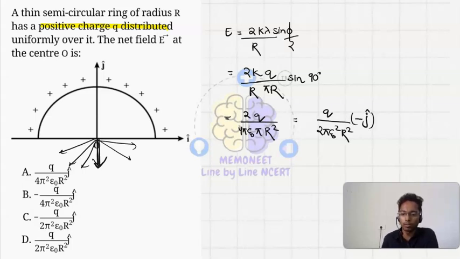So our answer is minus q upon 2 pi square epsilon naught r square. That is option C.